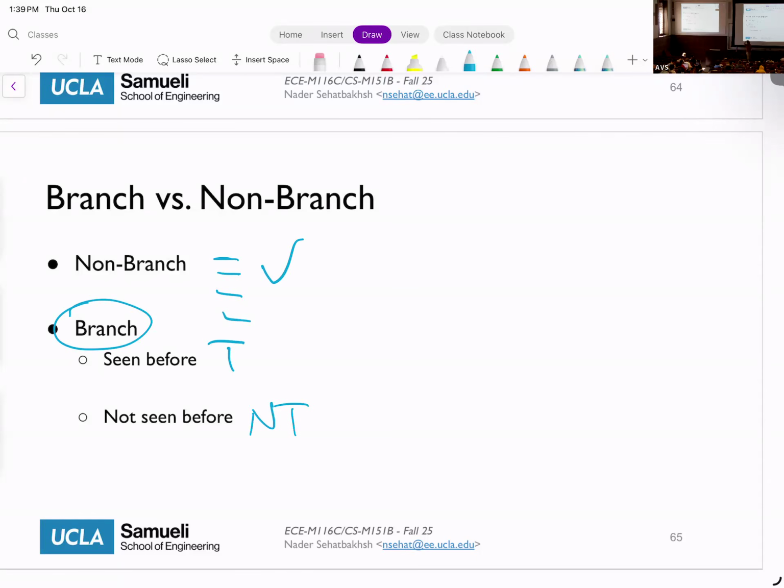Yes? Yeah, so BTB is great for things that are repeating behavior, the same behavior all the time. If your branch is dynamic, so sometimes it's taken and sometimes it's not taken, like an if-then-else, then yeah, BTB is not great.